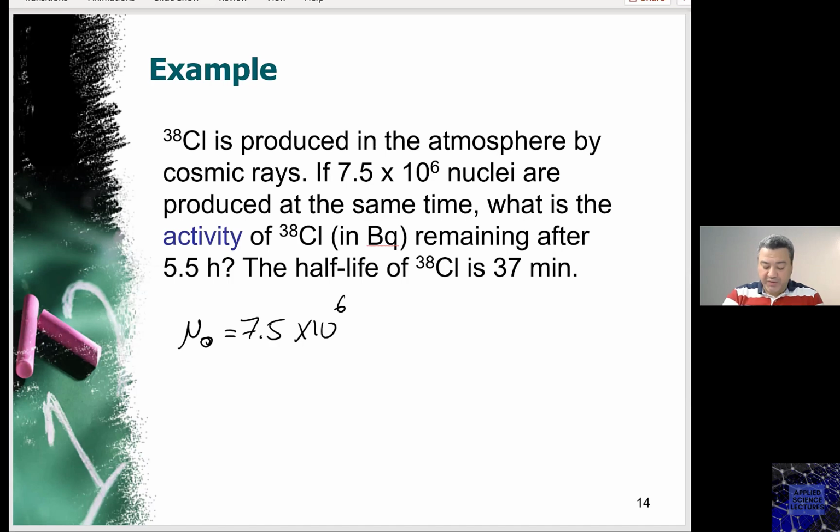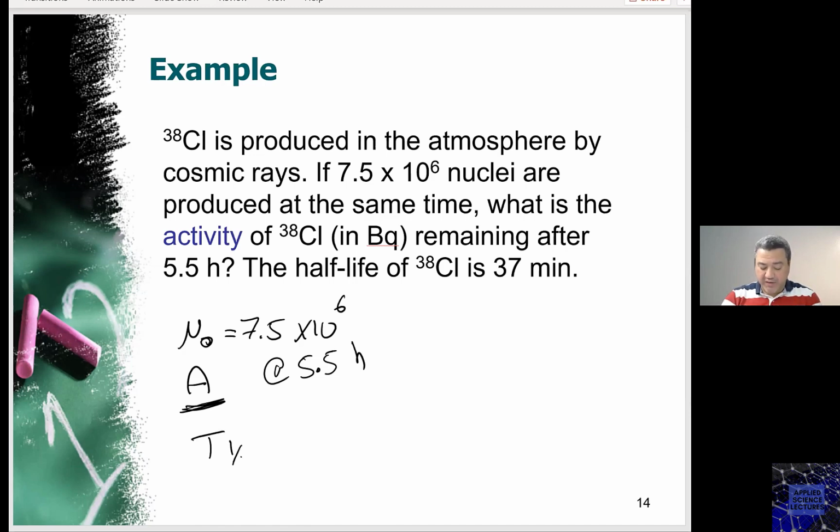What is the activity of the nuclei in becquerel remaining after 5.5 hours? So remember, the function defines the remaining. So we need to find the activity in decays per second, which is the becquerel here, after 5.5 hours.